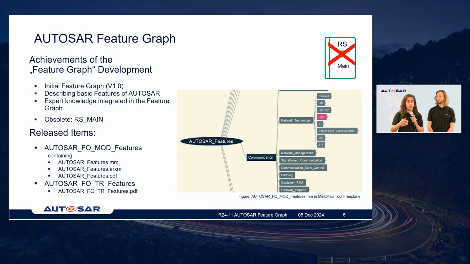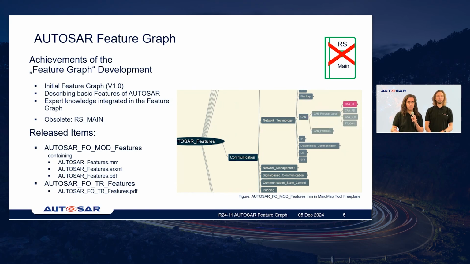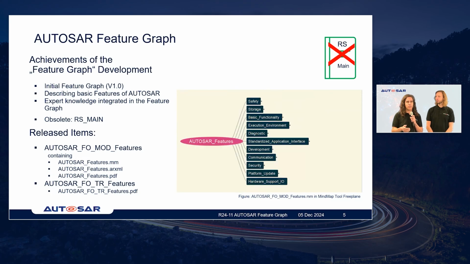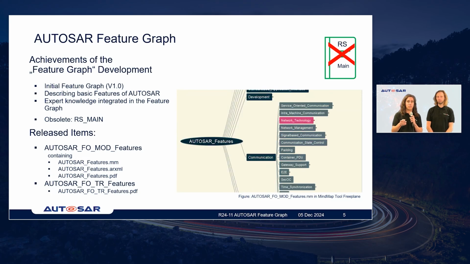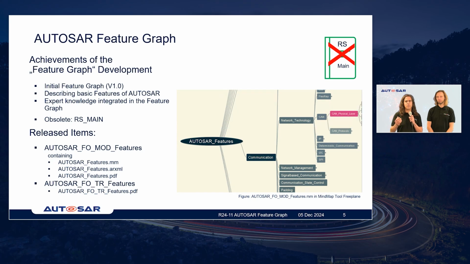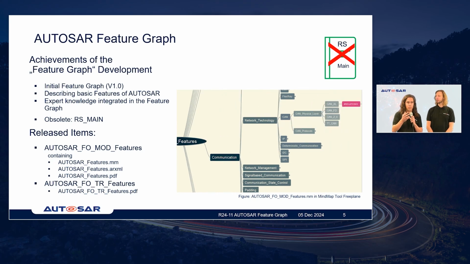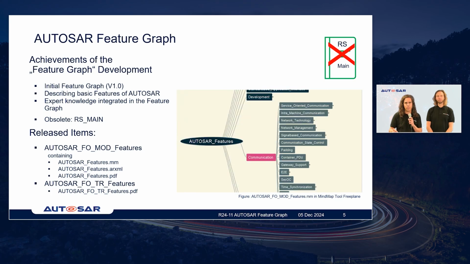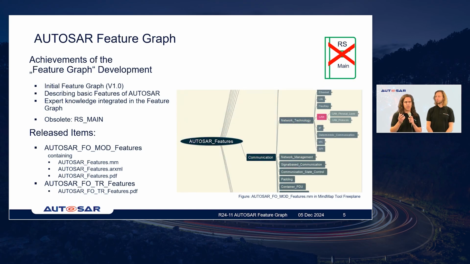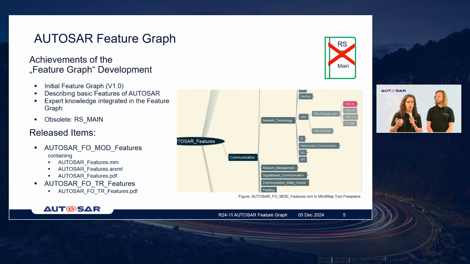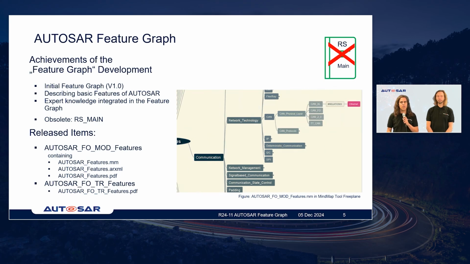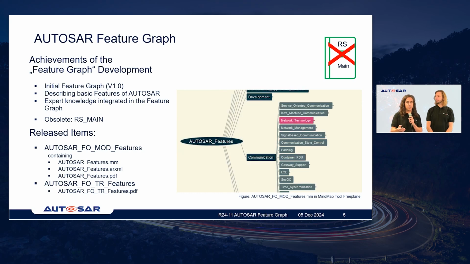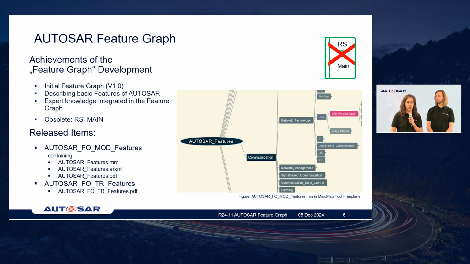It's released this year for the first time in AutoSAR, and it's in the first place released as an AutoSAR features.mm file, which is the original format currently. It's a mind map file that can be read with an open source software called FreePlane, which is actually the software we've been using to model the feature graph. But we also provide you with a representation of the feature graph in ARXML.